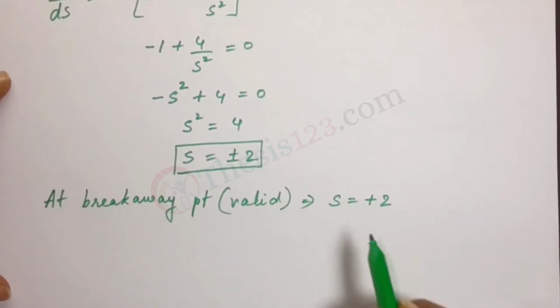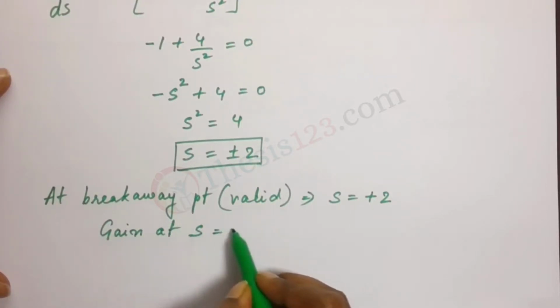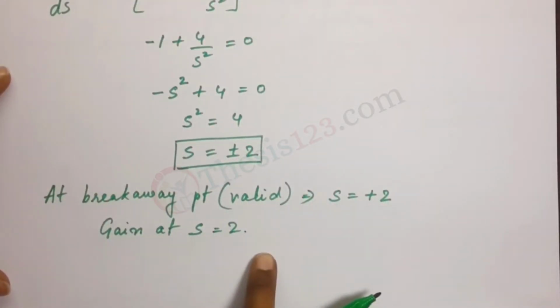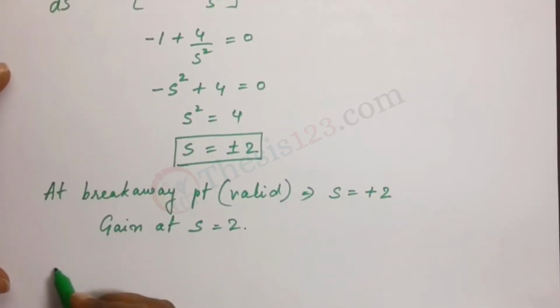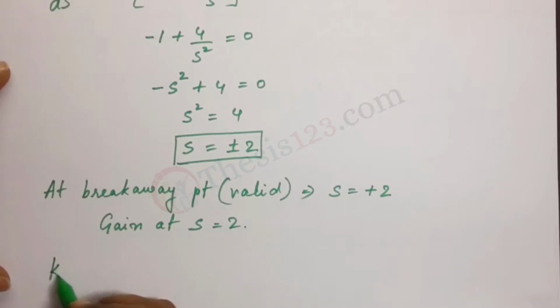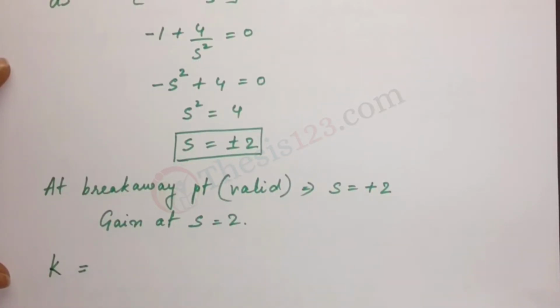So we have to find the gain at s = 2. So that's our next step. We need to find the gain at s = 2. So here is another formula that would do good to remember. So we have the ratio.